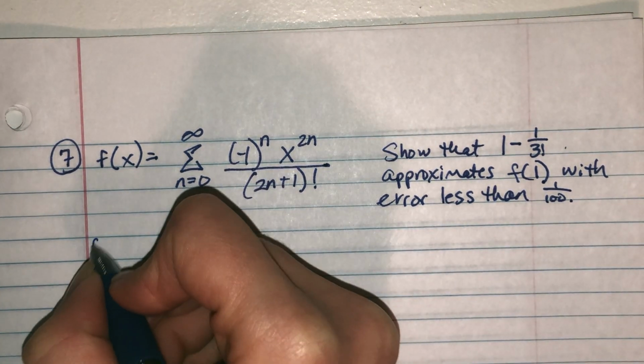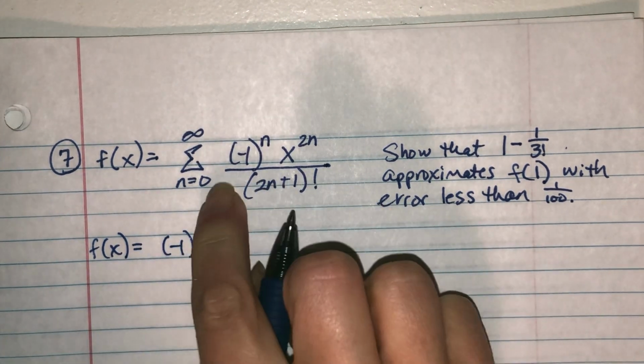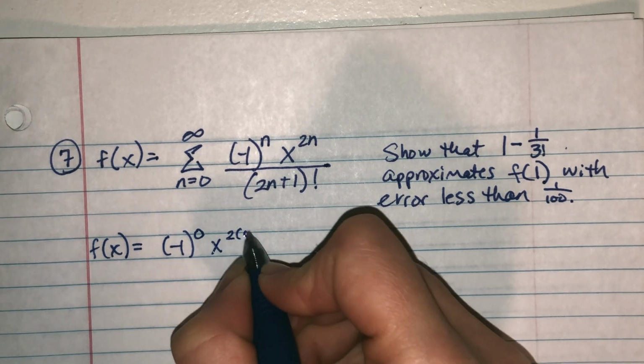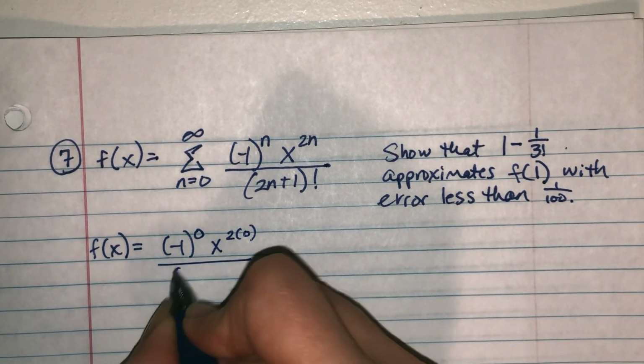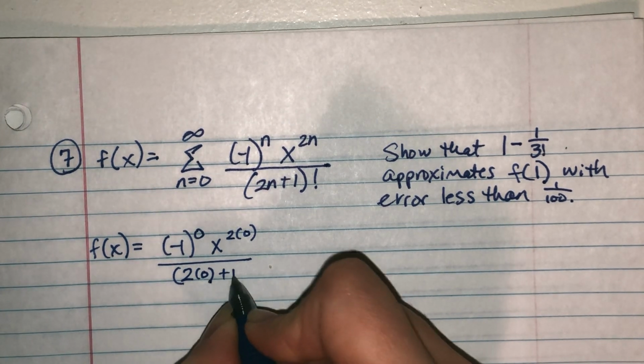So I've got f of x is equal to the sum of (-1) to the n, starting with n of 0, x to the 2n over (2n plus 1) factorial. There's my first term: x to the 2 times 0 over 2 times 0 plus 1 factorial.